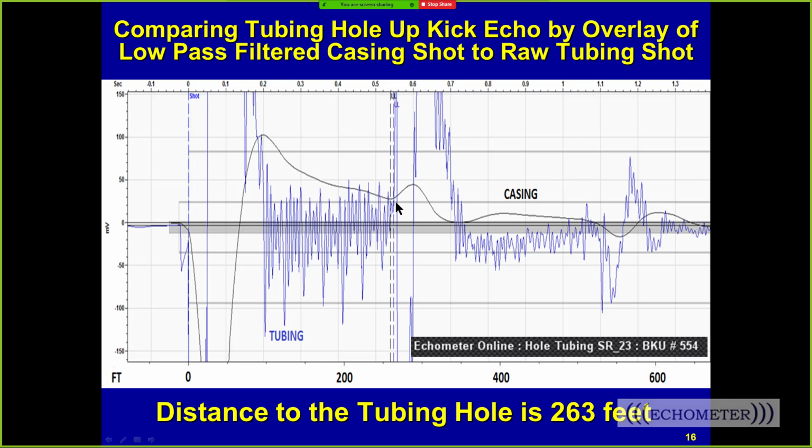We can see right there that both of those shots show an upkick at the same depth. We've identified the distance of the hole. It's 263 feet from the surface to the hole. And so we've confirmed that we have a hole. We can show the upkick on both sides of the tubing at the same depth, and we found the hole. So that's an example of shooting down the tubing and finding a hole.